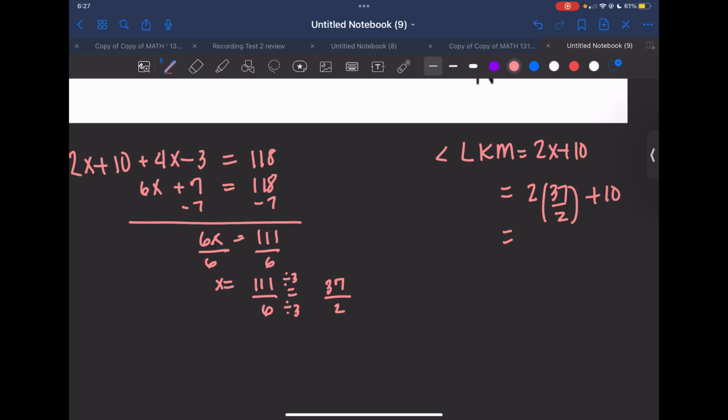So when I multiply this, I multiply going across, everyone. So then I get 74 over 2 plus 10. We want to simplify the fraction. You can simplify in your calculator. So I get 37 plus 10 equals 47. So that's the measure of LKM.